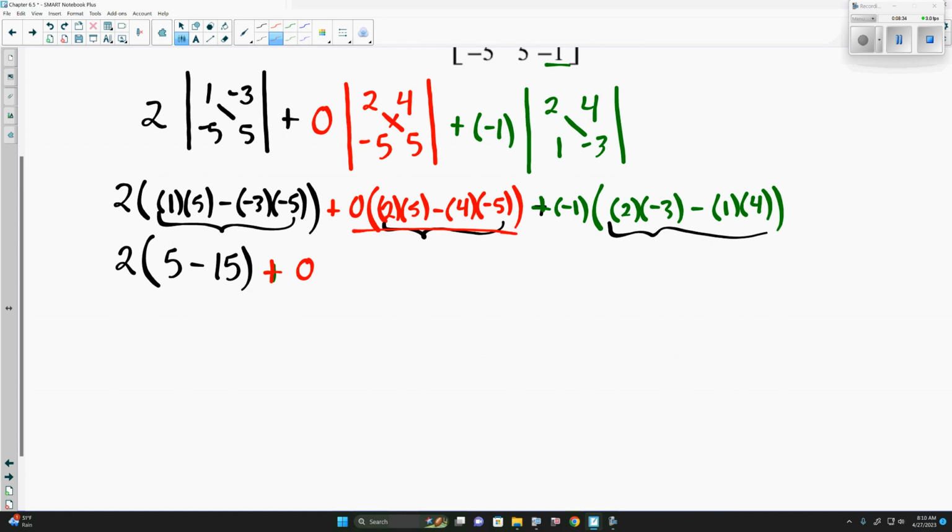Does it matter what any of this one is? Because we could do the internal calculations and say parentheses 2 times 5 is 10, 4 times negative 5 is negative 20, which would make it plus. But this whole thing is going to become 0 in the end.